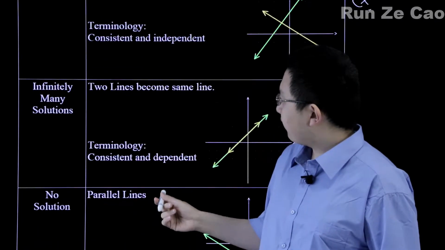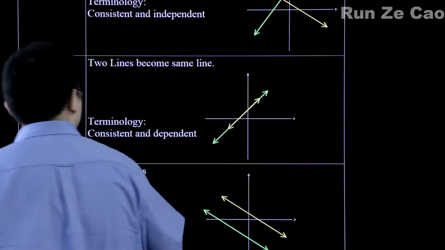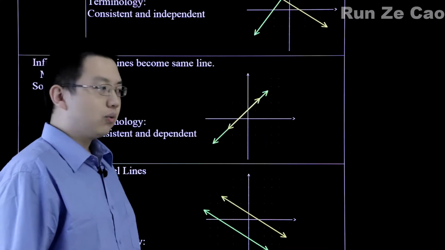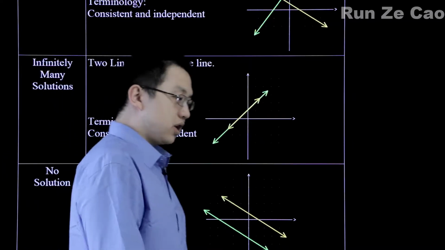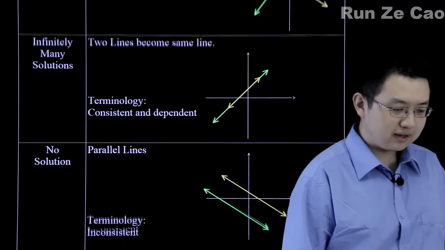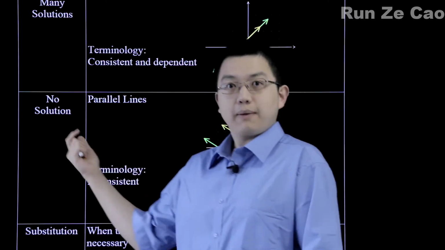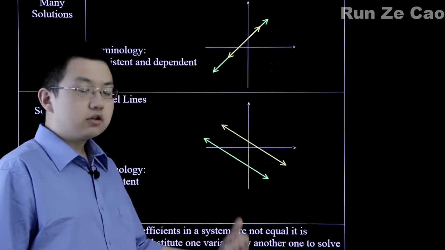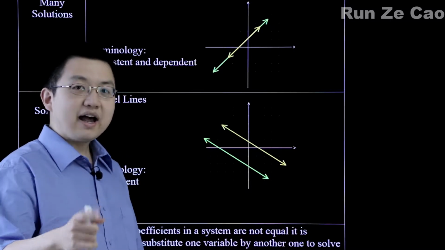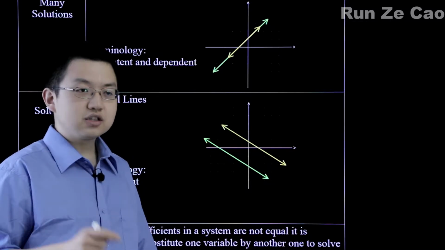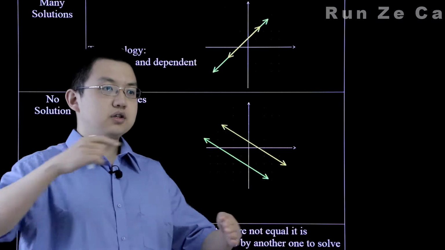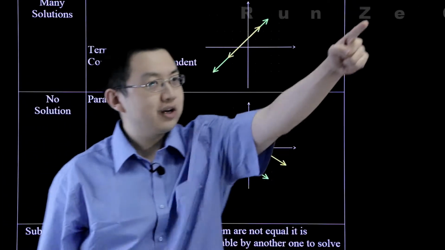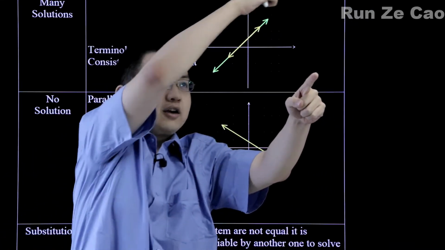Now here, when we have infinitely many solutions, the two lines overlap completely. I'm pretty sure we all know why the no solutions choice is that they are parallel, because we know that parallel lines don't cross, right? Yeah, there's a little problem with this. If we add more dimensions, there is the issue of lines that are skewed. Think of a three-dimensional line going like this, and another three-dimensional line going like this.